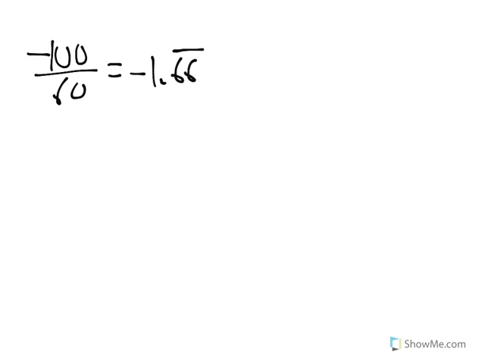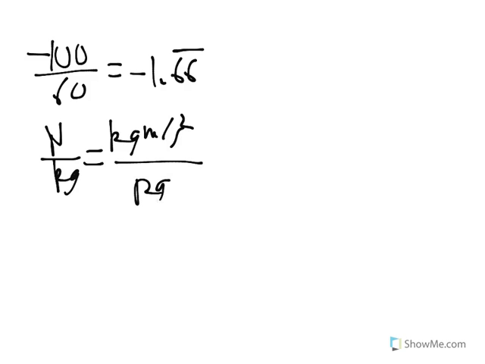So now we need to do unit conversion to make sure we actually got this right. Negative 100 over 60 is approximately negative 1.66 repeating. It's actually exactly that. And newtons over kilograms is kilograms meters per second squared over kilograms, because that's what we said the conversion factor for newtons was.